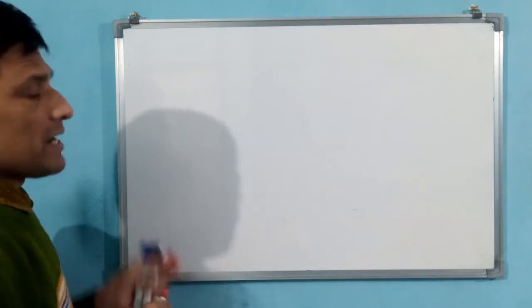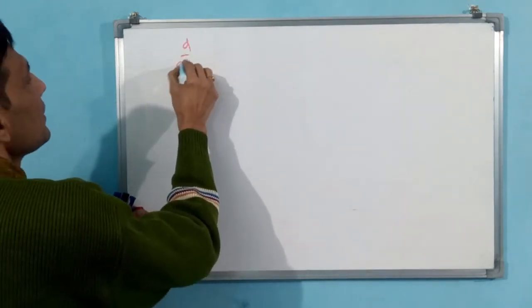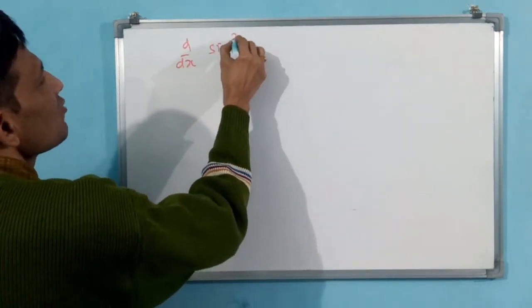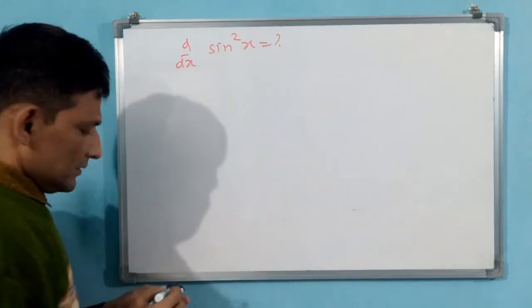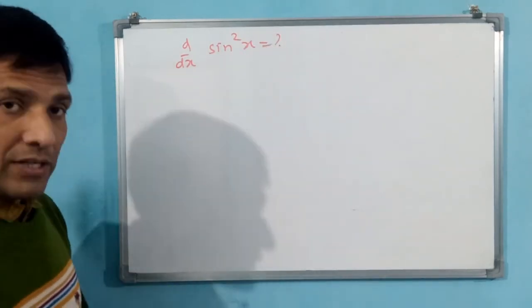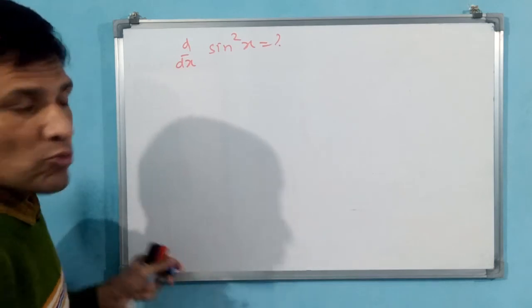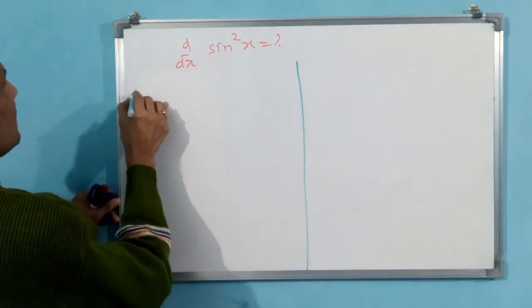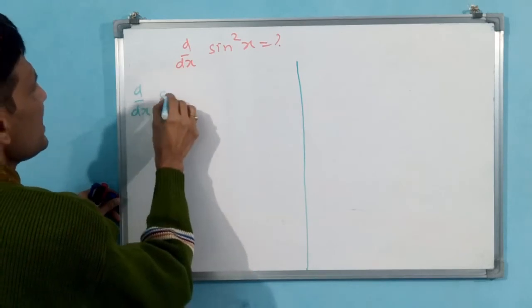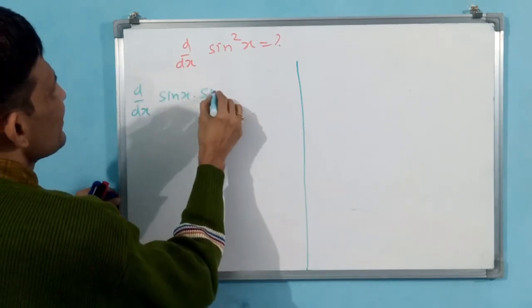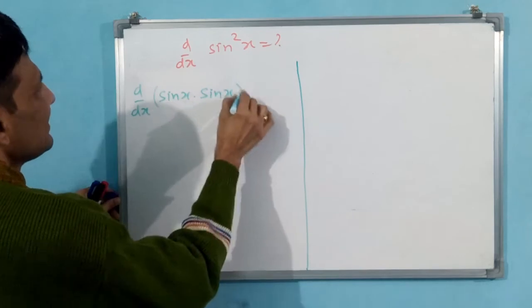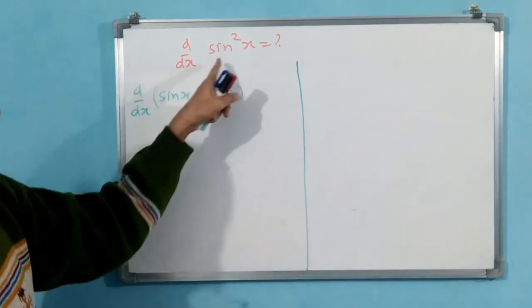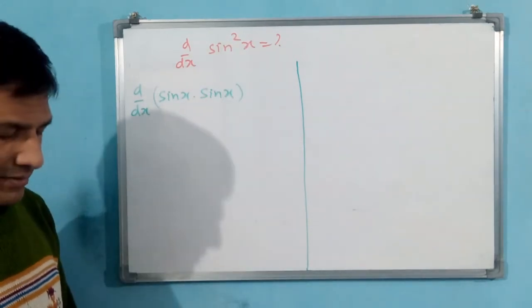Okay, see here what I am writing. d by dx sin square x is what? See here, I will do this in two ways. d by dx sin x into sin x. Is it okay? Why? Because sin square x means sin x into sin x.